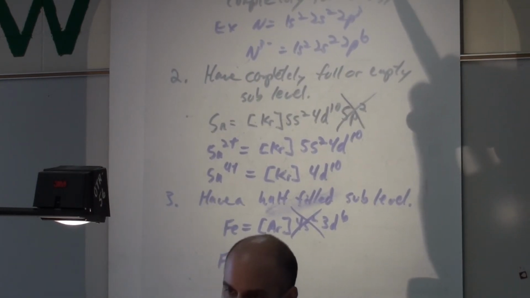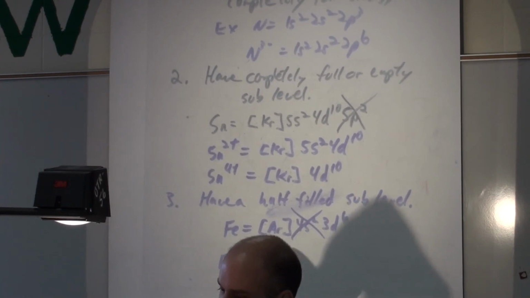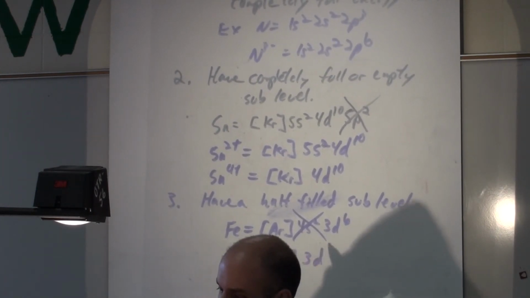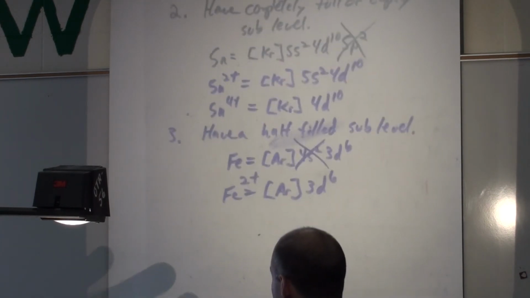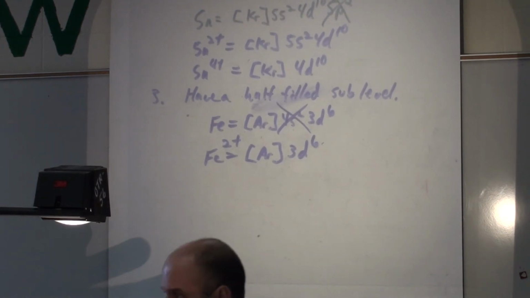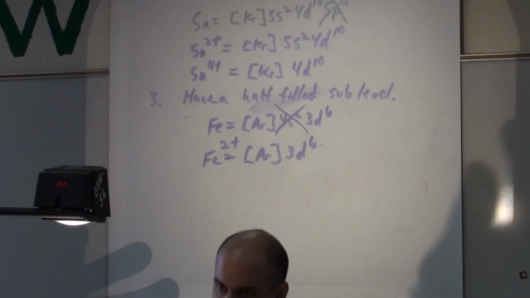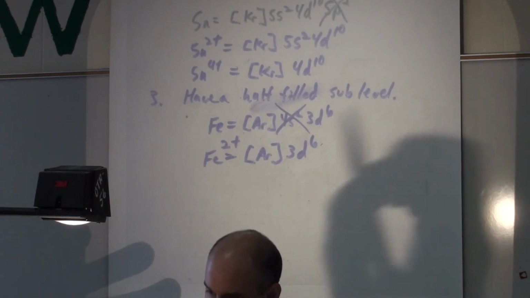That would be following rule number 1. So there, iron forms a +2 charge, just by getting rid of the whole 4th energy level. And that's rule number 1.